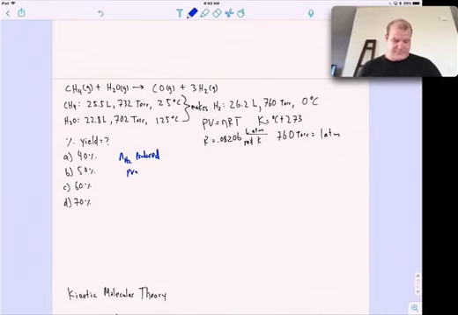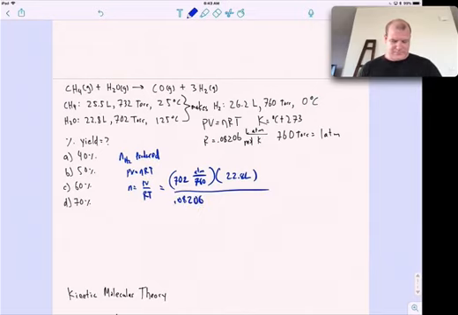PV equals nRT, so n equals PV over RT, which is 702 over 760 millimeters of mercury for atmospheres, times the volume, 22.8 liters, over R, 0.08206 liter atmosphere per mole Kelvin, and 398 Kelvin, which is 125 degrees Celsius.